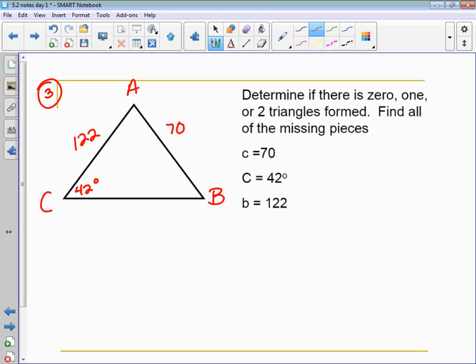Okay, so you guys see the setup. Clearly angle side side, not an obtuse angle. So the first thing that should come to your mind is, okay, I'm going to check the height of that triangle. So sine of 42 equals h over 122.